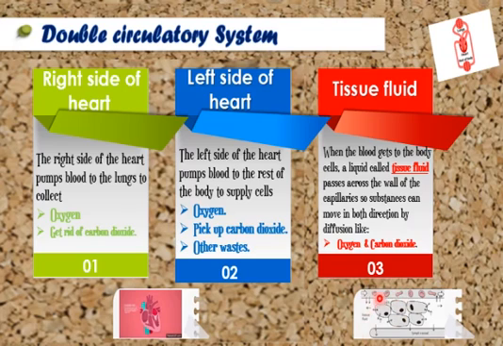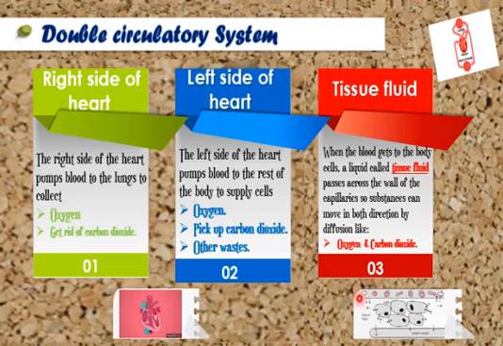You can see these capillaries have holes in them, and what happens? From the blood, oxygen is transferred by the tissue fluid to the cells by the process of diffusion, and cells are going to give carbon dioxide and waste to the blood. So this exchange of material by the blood capillaries takes place because capillaries have very thin walls and they have holes in them, right?